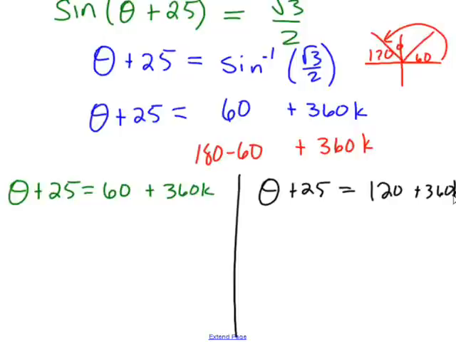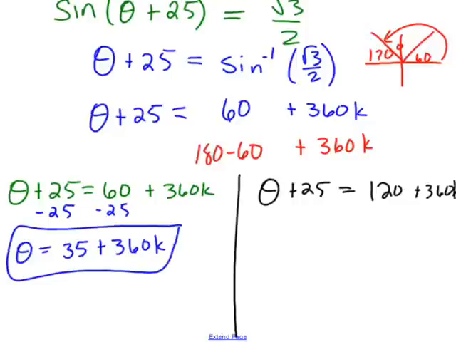All right, next step we just subtract the 25 from both sides. If I subtract 25, I can't take it from the 360, only from the 60. And that's going to leave me with 35 plus 360k, and that is our general solution.